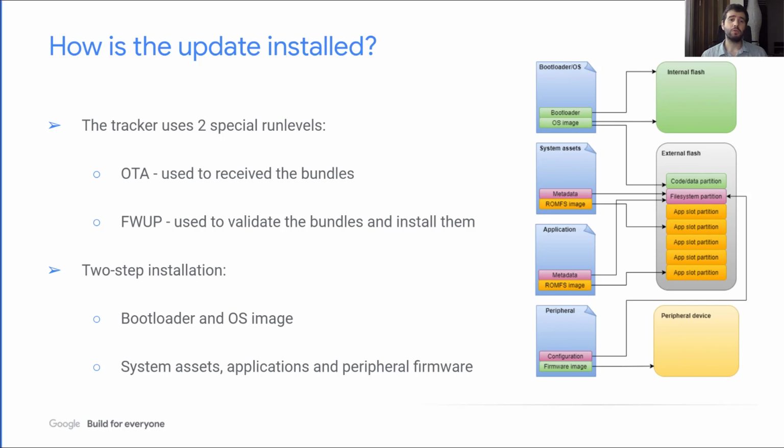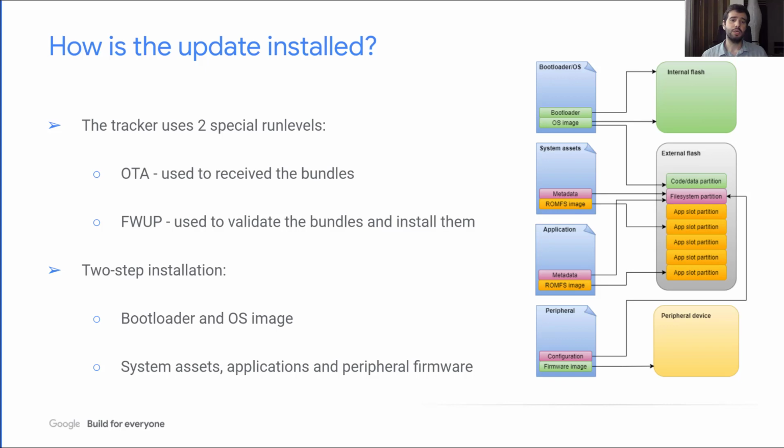We have a two-step install process preceded by a preparation step. In this preparation step, the bundles are validated, and the bootloader is configured to install the bootloader and the operating system image, and the system is rebooted.